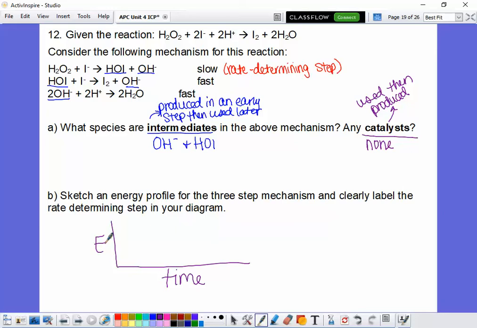Probably, because they're not the exact same thing. But we don't know. Okay? But as long as your first peak is the highest, I don't care what your other ones look like. As long as they're lower, as long as you have 3 peaks, and the first one's the highest. Okay? And that's what we're going to label as the rate determining step, or the RDS.